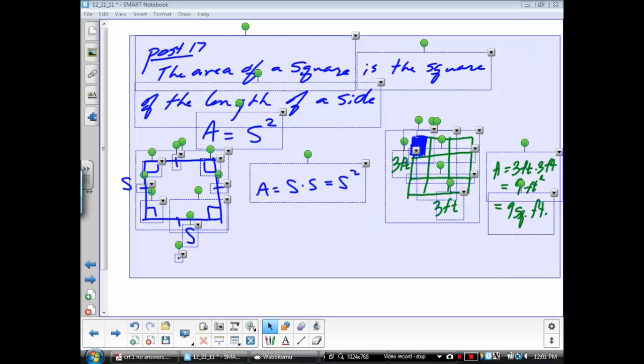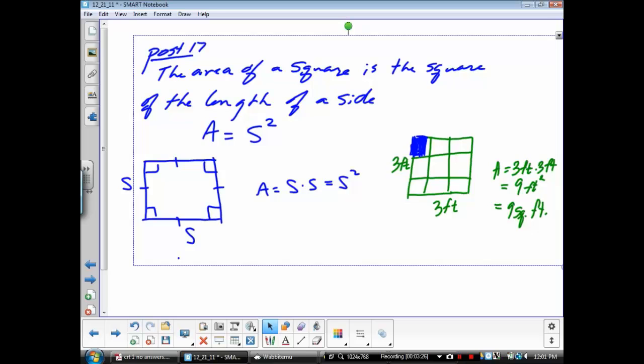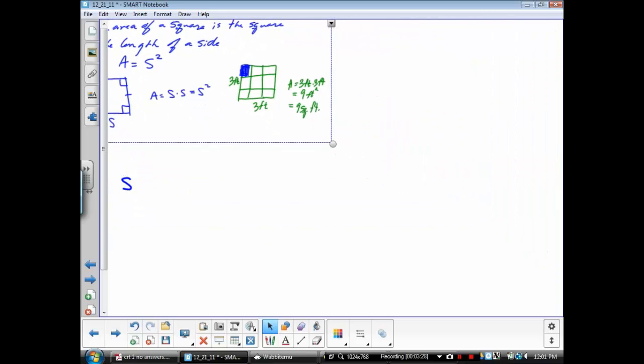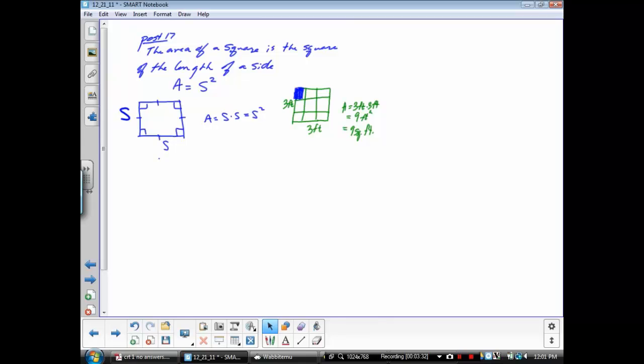Our next postulate, postulate 18. If 2 figures are congruent, then they have the same area. Now, congruent means same size, same shape.